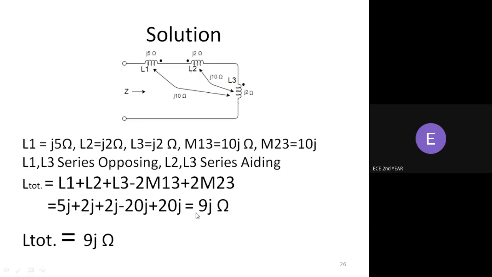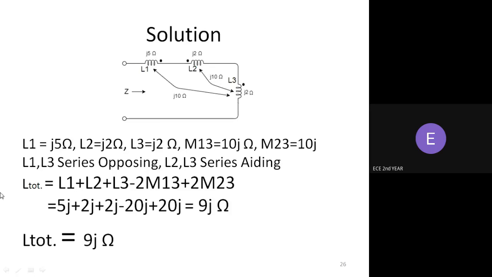So the total impedance of this circuit, L total, is L1 plus L2 plus L3, the individual self inductances, minus, for series opposing, 2 into M13, plus 2 into M23.